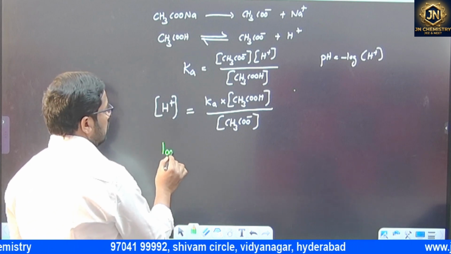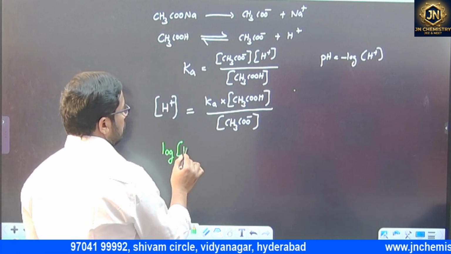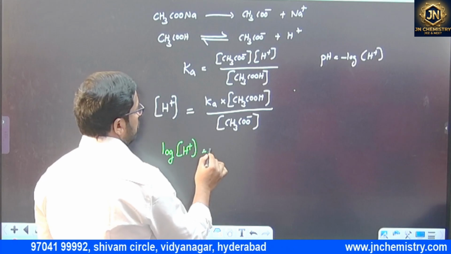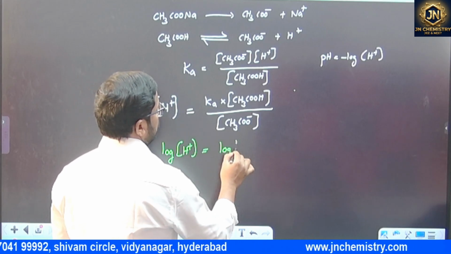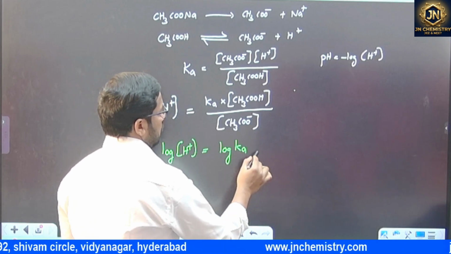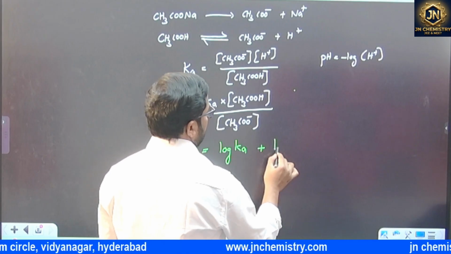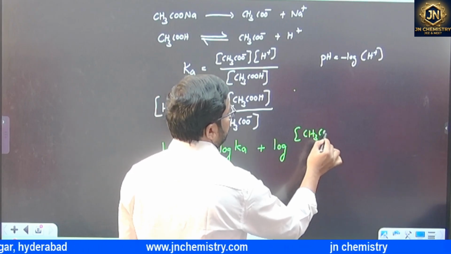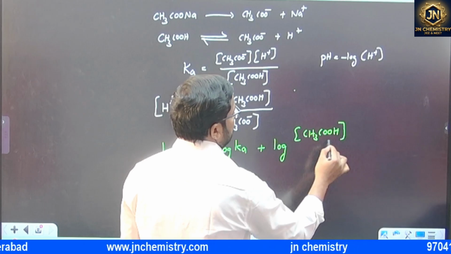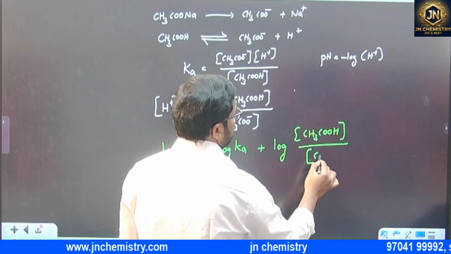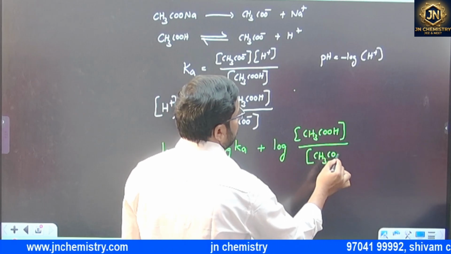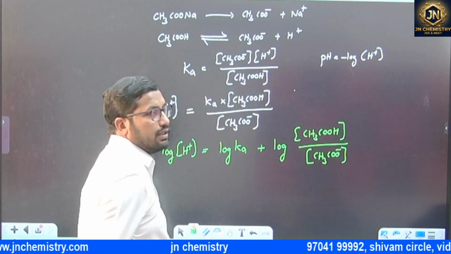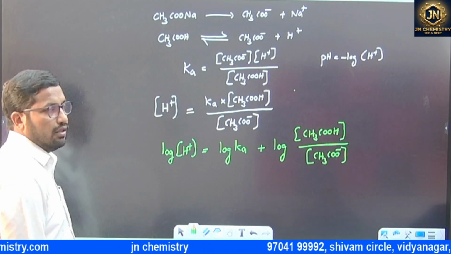log H plus equals log Ka, log salt by acid, right?